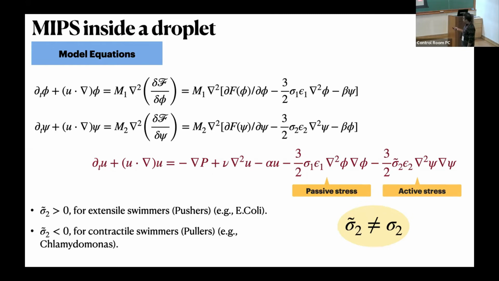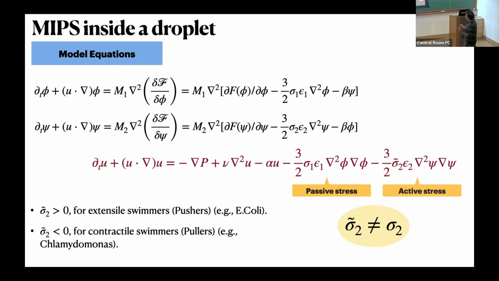Now, when we write down the solvent equation, the Navier-Stokes equation, there are two stresses. One is the passive stress. We call it passive, in terms of active matter terminology, because it is from the droplet boundary, and the other is coming from the gradient in bacterial density.